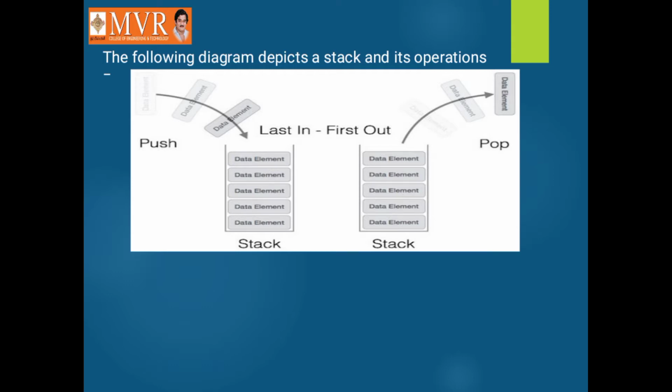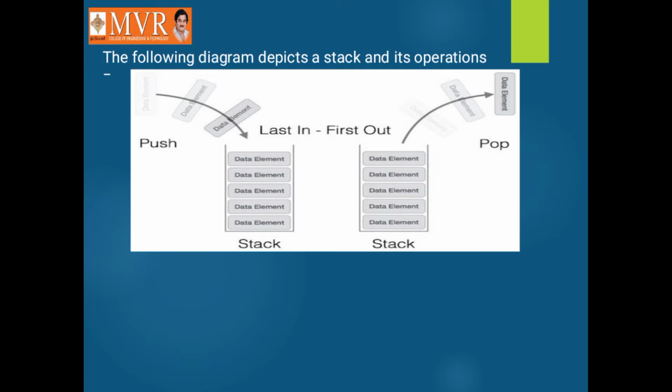Now here is a diagram showing you the stack and its operations. Here the elements of a stack are known as data elements or items, and in the first figure, if you observe, they are pushing the data elements into the stack from the top side only, that is, one end only.